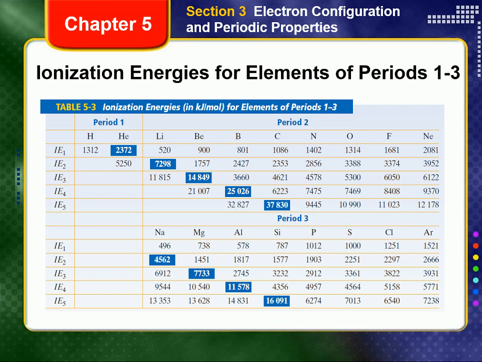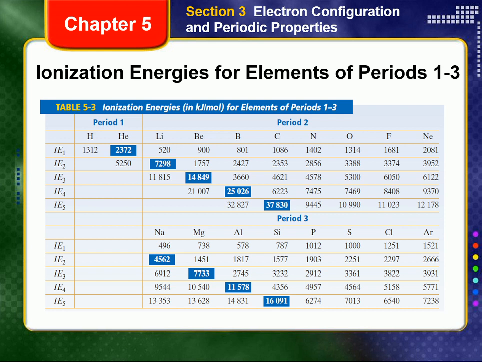The first ionization energies in Table 5-3 show that removing a single electron from an atom of a group 18 element is more difficult than removing an electron from atoms of the other elements in the same period. This special stability of the noble gas configurations also applies to ions that have noble gas configurations.